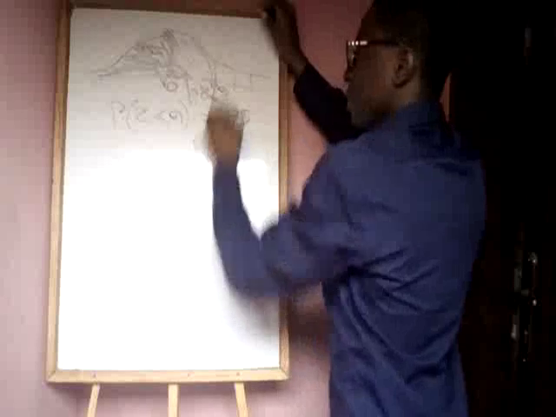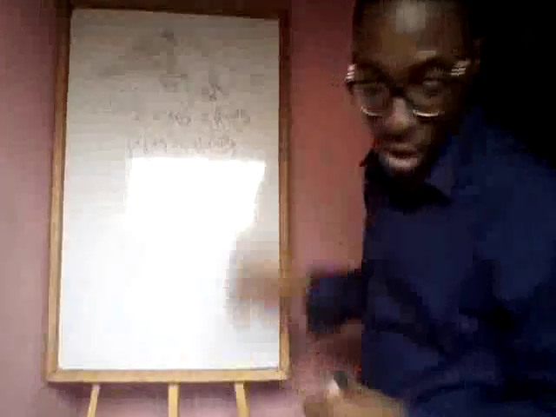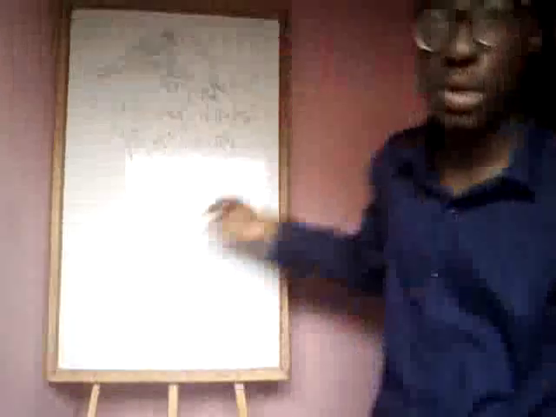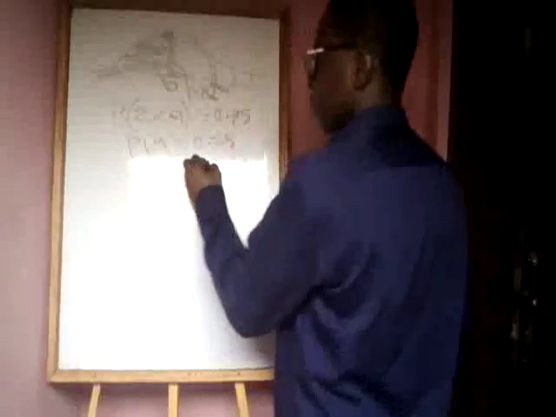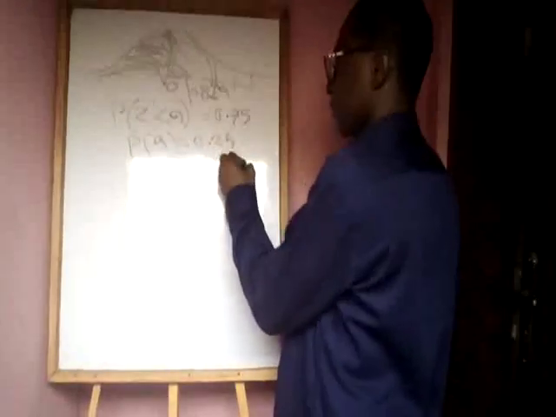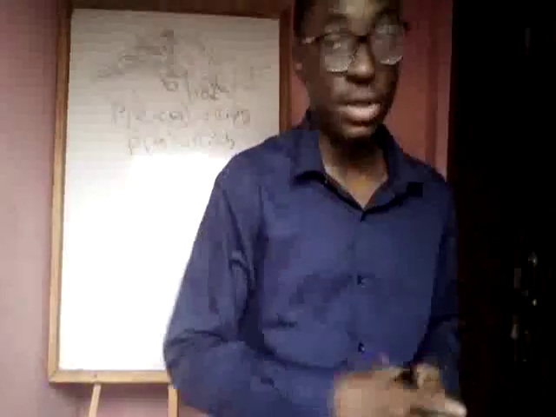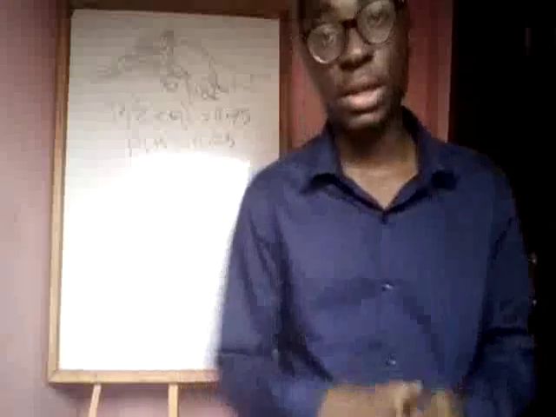So all you need to do is go to your tables and look for the inverse of that, and from the tables you get a equals 0.674. So that is basically it. These are the concepts you will need to understand for distributions like this. Just in case you might need some deeper concepts, you can let me know in the comment section of this video. Thanks for watching.